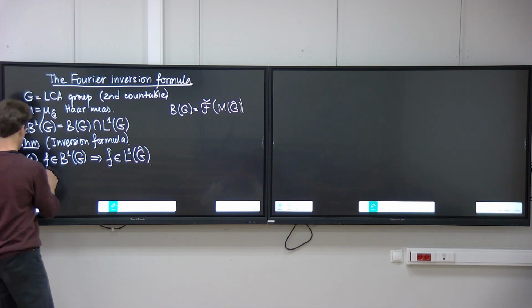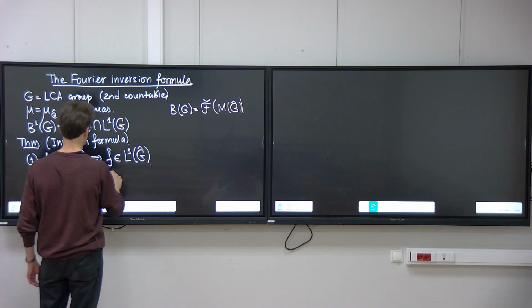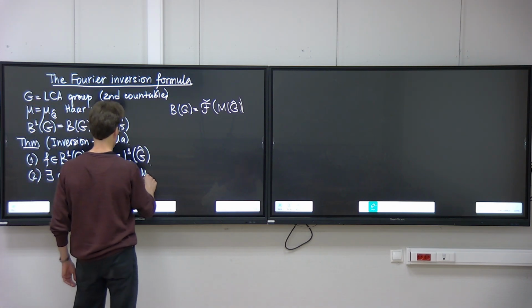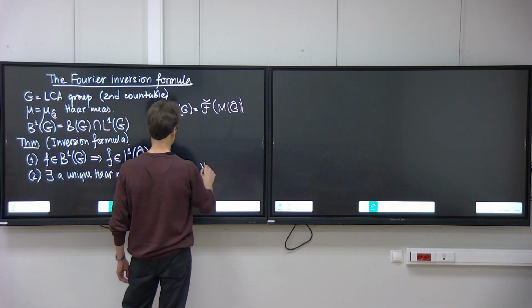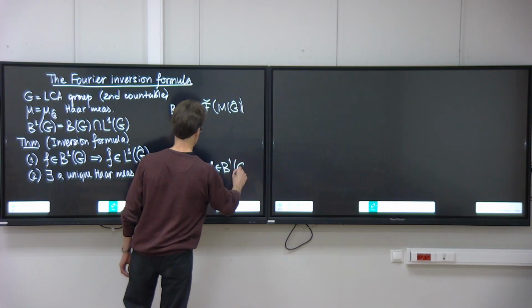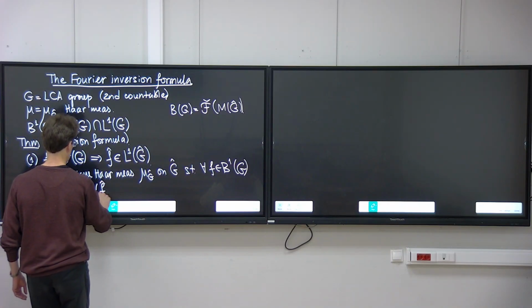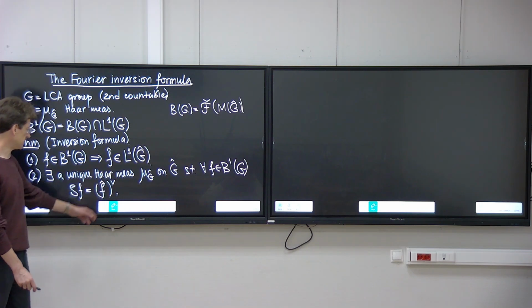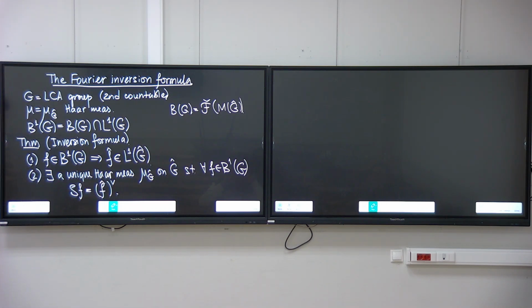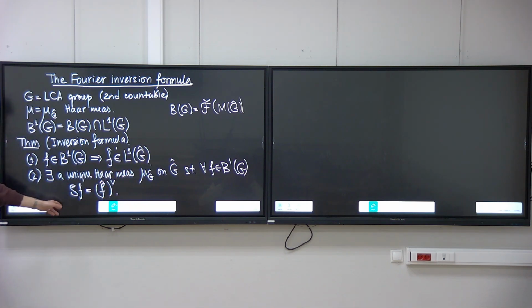And second, there is a unique Haar measure on the dual group, denoted by mu G hat, such that for every function f in B1 of G, we have the following equality. So if we apply the Fourier transform to f, and then apply the dual Fourier transform, which makes sense because f hat is integrable, then we obtain the same function f up to reflection.